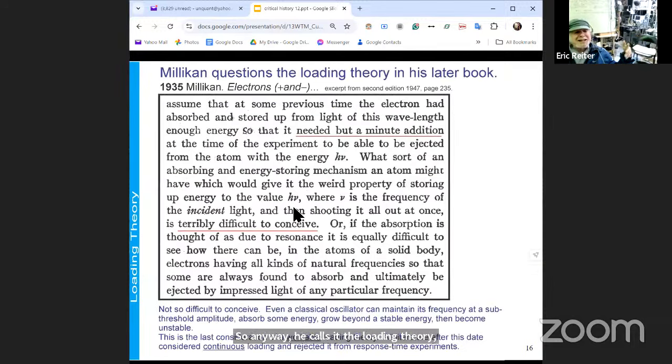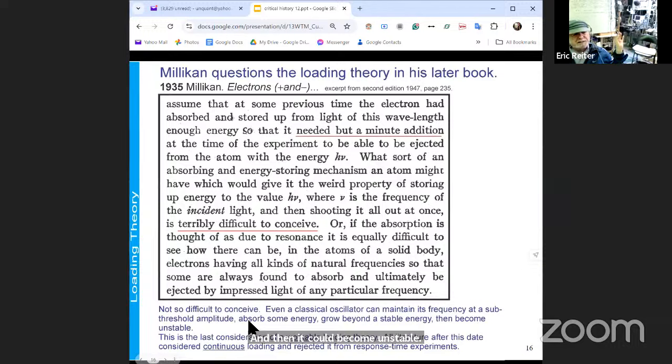But in his next book, he explains the same idea of the minute addition, but he gives up on it. He says very difficult to conceive. But I say it's not so difficult to conceive. Even a classical oscillator can maintain a frequency at some threshold amplitude, and you pump more energy into it, and then it could become unstable.